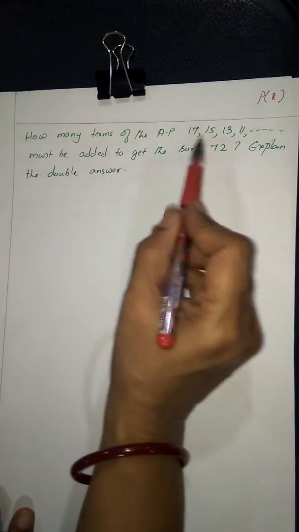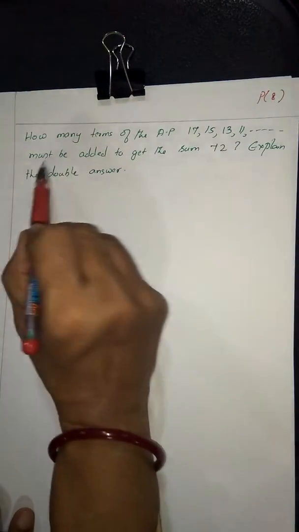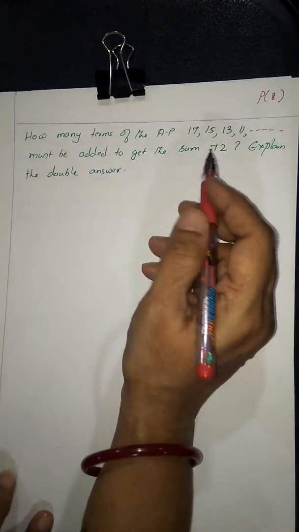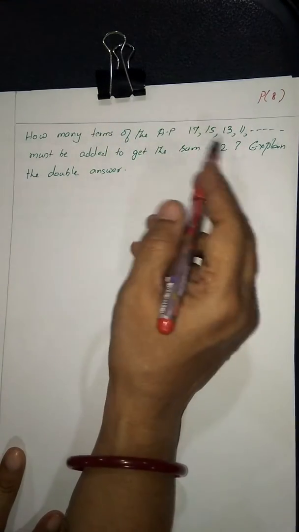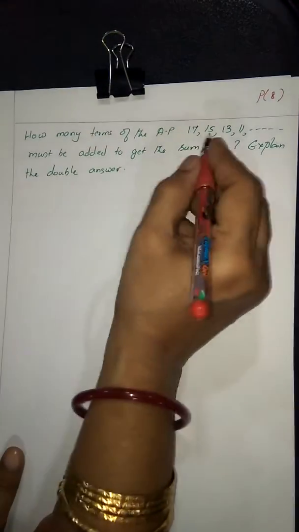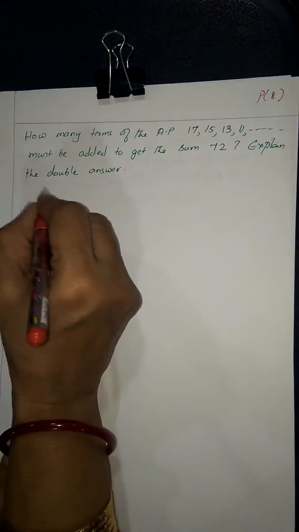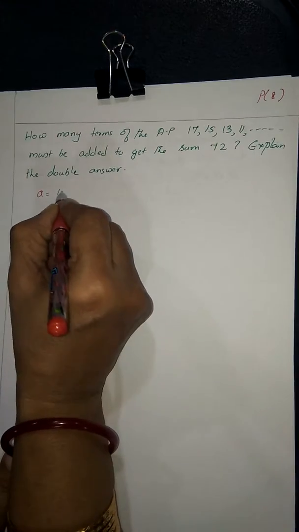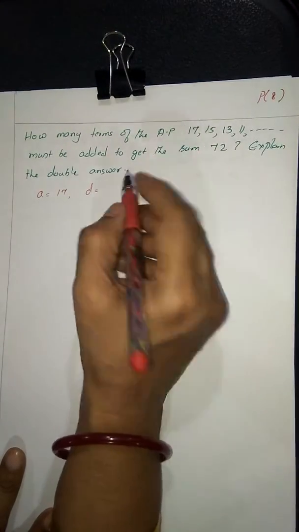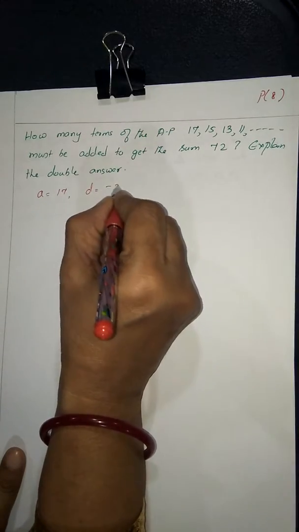How many terms of the AP 17, 15, 13, 11 must be added to get the sum 72? Explain the double answer. It's a similar question to what we did in the previous question, with a slight difference. So let us first write down the data given. A is equal to 17, D is equal to 15 minus 17, which is minus 2.